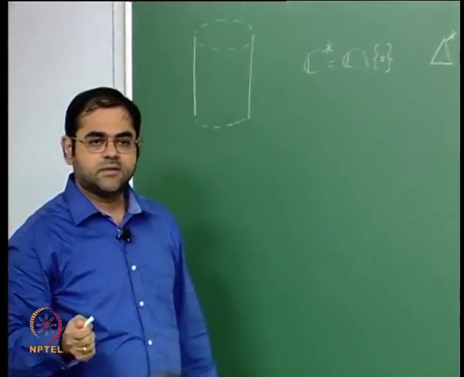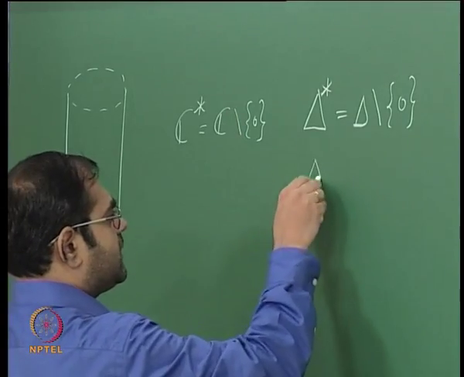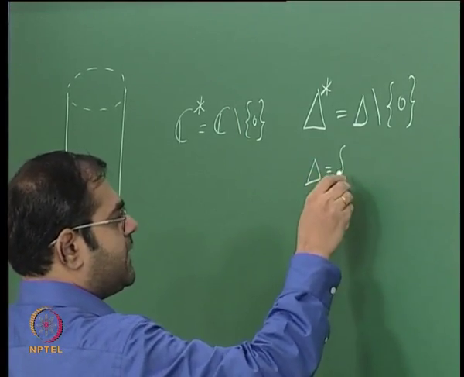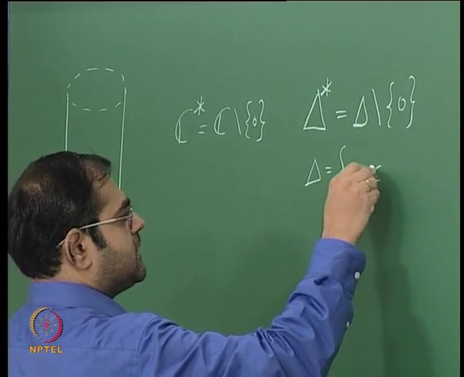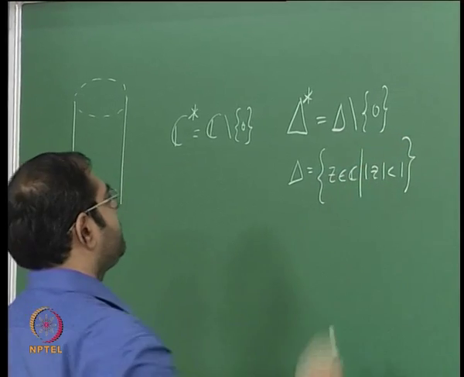So this is the punctured unit disk, where of course delta is the unit disk, namely the set of all complex numbers such that mod z is less than 1.